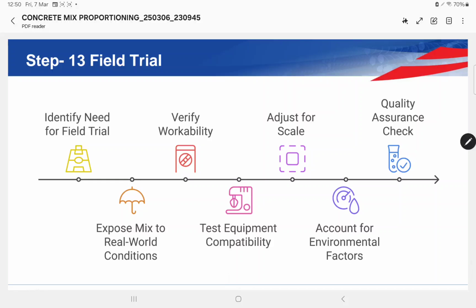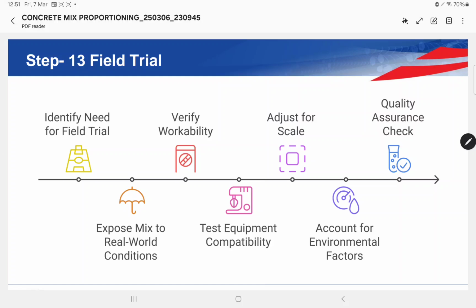Why is the field trial important? Because in the lab you are doing everything in a controlled environment, but in the field you have no such control over your environment. The second thing is that when you are at site, you are mixing concrete in huge quantities.